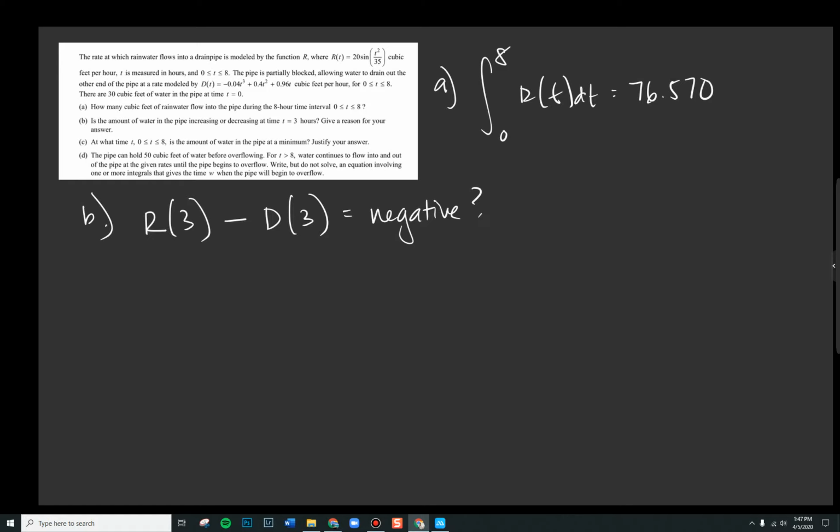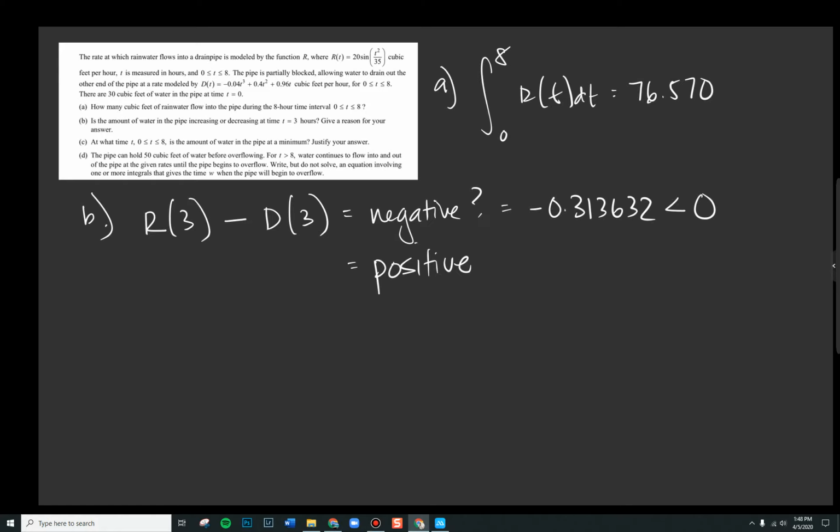Likewise, if I take R3 minus D3 and get a positive value, that means R3 is bigger, so there's more water going into the pipe versus water going out of the pipe. Now, taking that into your calculator, you're actually going to get, I believe, negative 0.313632. Obviously, this is less than 0, which means water is leaving your pipe more than it's coming in.